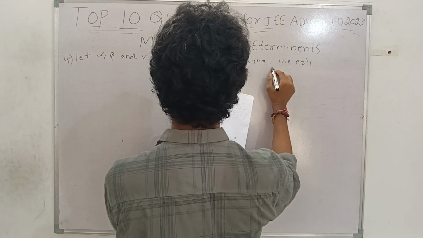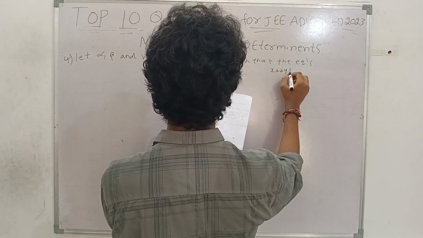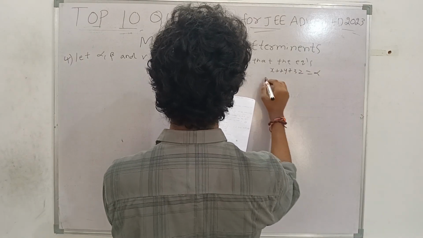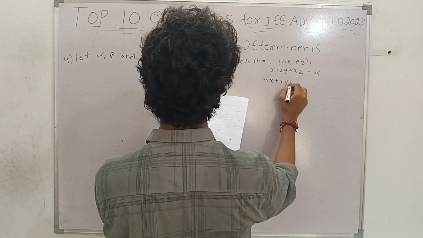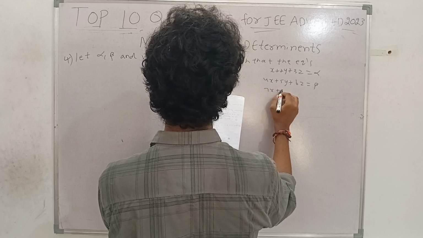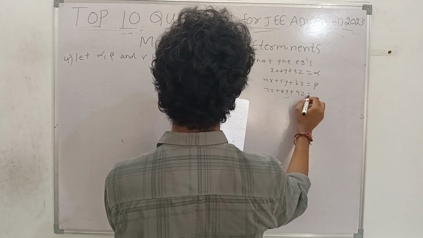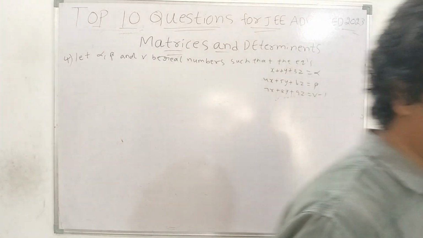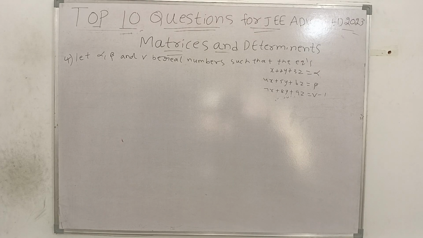I will write here. x plus 2y plus 3z equal to alpha, 4x plus 5y plus 6z equal to beta, and 7x plus 8y plus 9z equal to gamma minus 1. Like this, the equations are given.